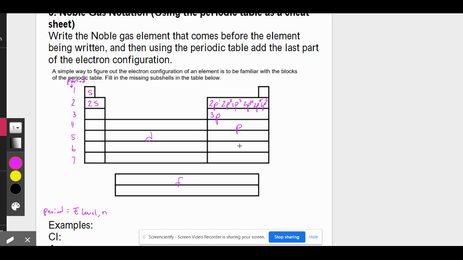So every time you move over in that block, you're adding an electron to that orbital. Okay, so this would be 4p 1 through 6, 5p, 6p, and 7p. So this very last element that we just discovered and named oganesson is going to end with 7p6.